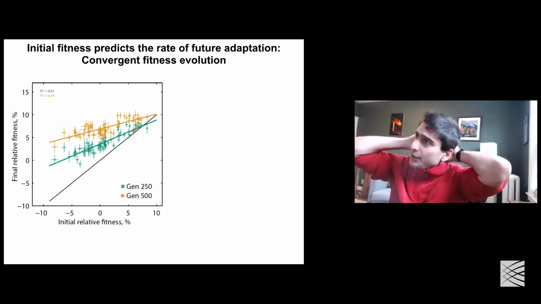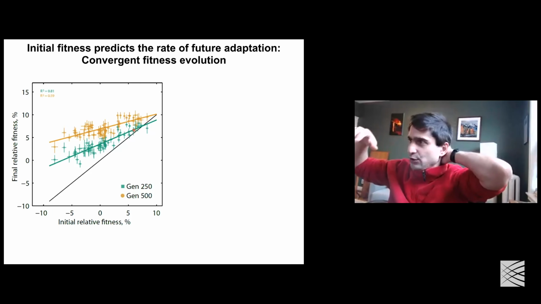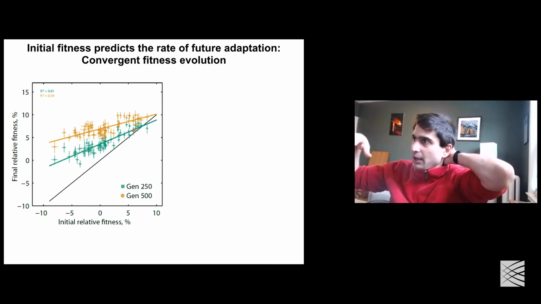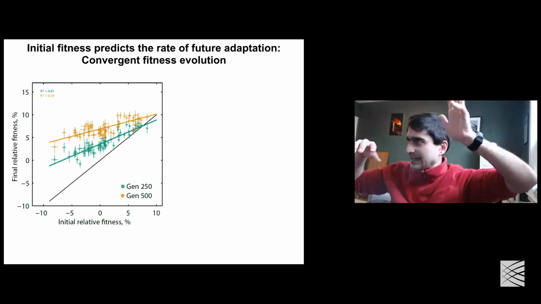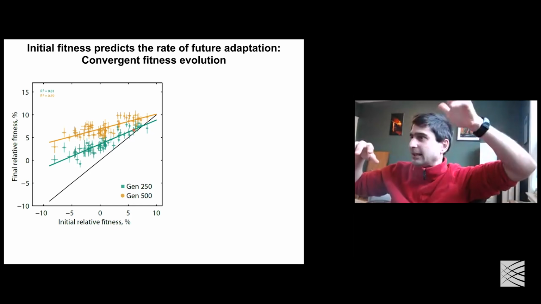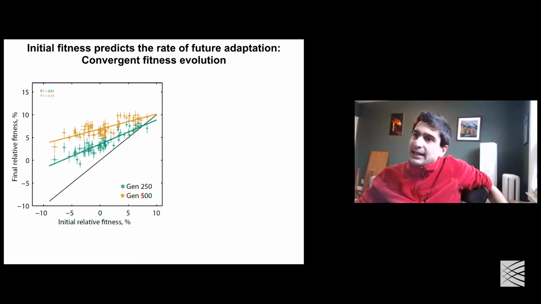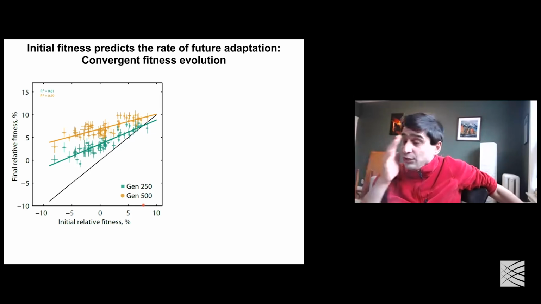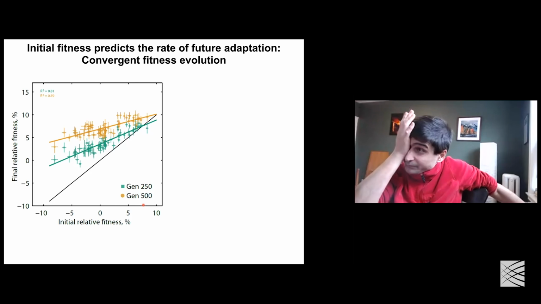And you could imagine that this is just because there's 5 mutations that you want to get that make you better. And the guys that lag behind, they just didn't get any of those mutations. So then, of course, they can adapt quickly because they can acquire them in the future. And the individuals that adapted quickly at the beginning, they got several of those mutations, so then they can't really adapt anymore because they got those already.